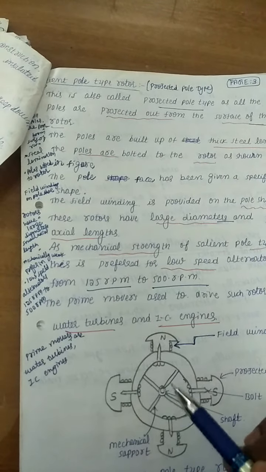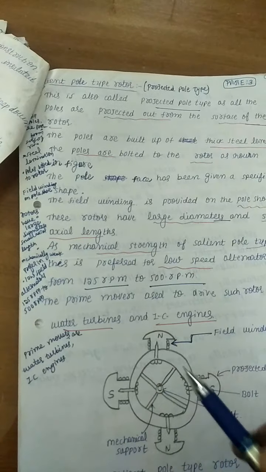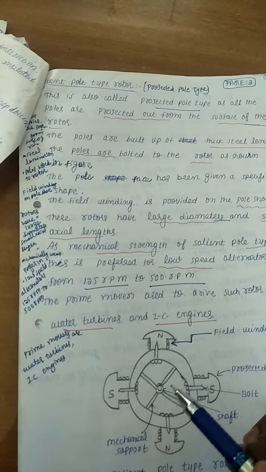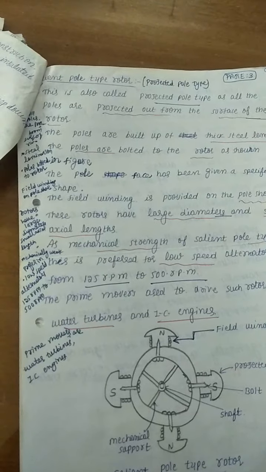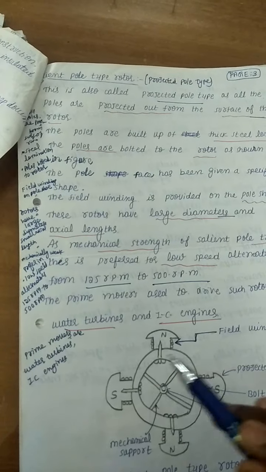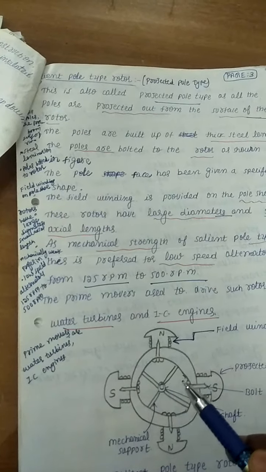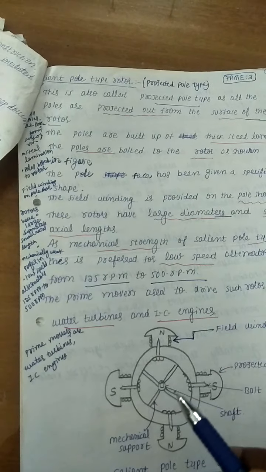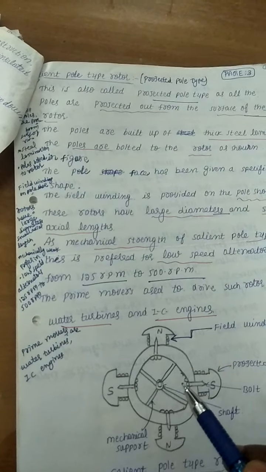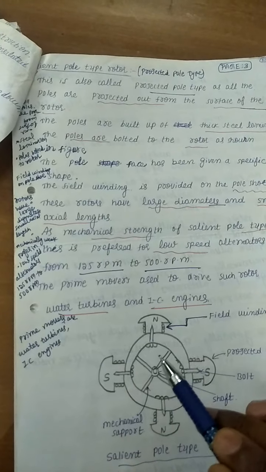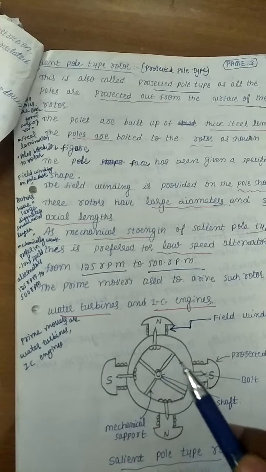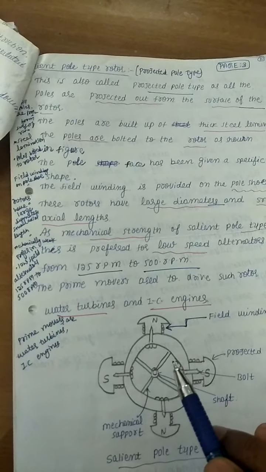These rotors have large diameters but smaller axial length. It is mechanically weak, preferred in low speed alternators in the range of 125 rpm to 500 rpm. The prime movers in the case of salient pole type rotors are water turbines and IC engines.